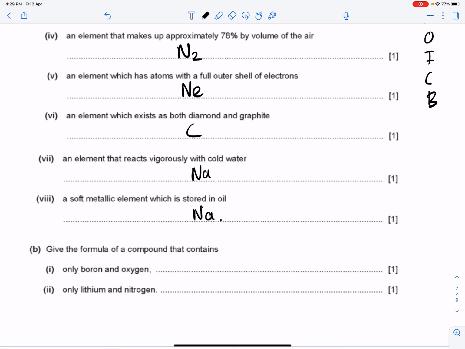Give the formula of a compound that contains only boron and oxygen. Well, boron is in group 3. Oxygen is in group 2. So we need to get the valencies married up, right? So boron needs 3 more. Oxygen only needs 2 more. They're both non-metals, so they're going to share.